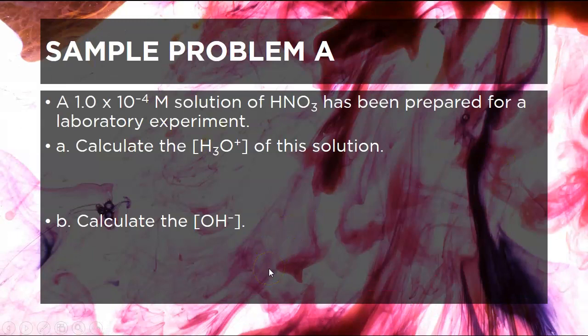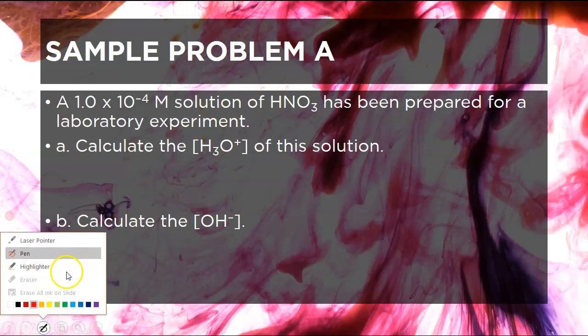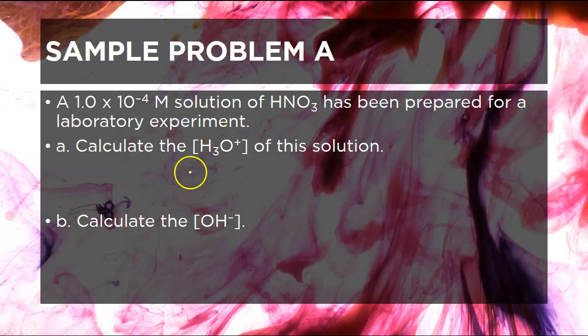So my example: a 1 times 10 to the negative 4th molar solution of HNO3 has been prepared for a laboratory experiment. If I have 1.0 times 10 to the negative 4th molar of HNO3, my hydronium concentration should just be 1.0 times 10 to the negative 4th molar.